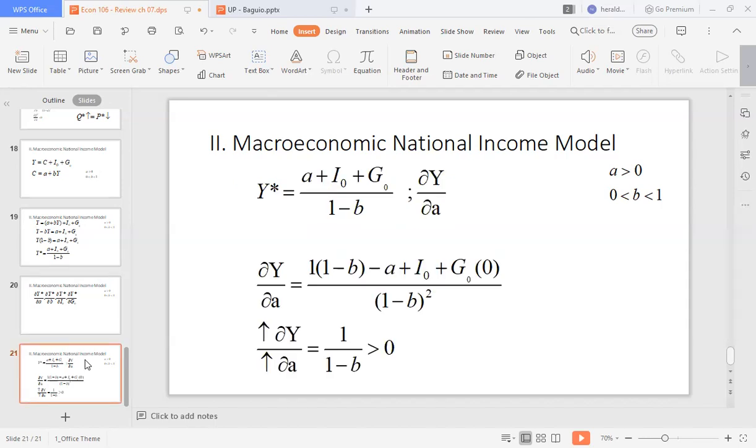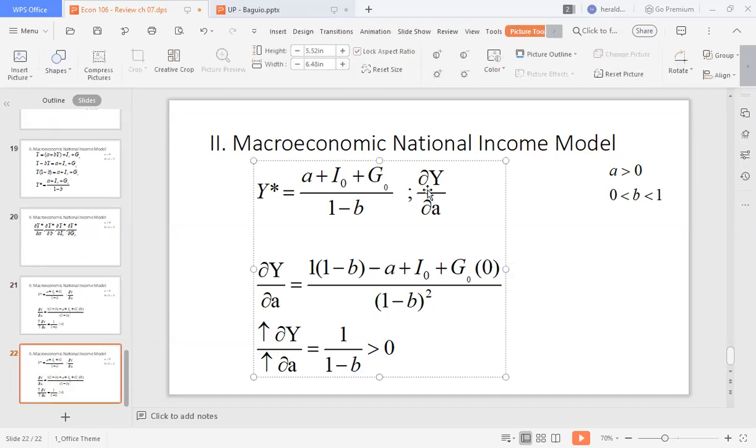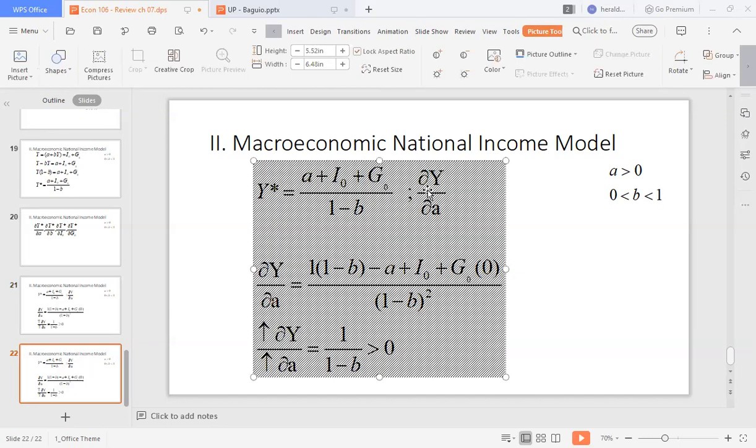So doing the same exercise for B, class. We'll change this one to partial Y, partial B now. And again, I am still using the same equilibrium value for Y star. So let's try to get the partial differentiation of that.